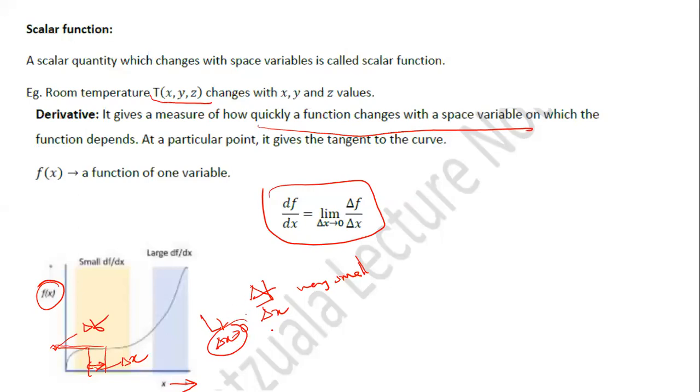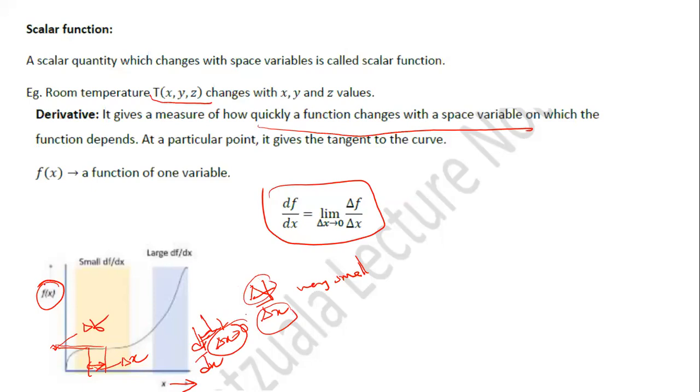Then del f upon del x under such a condition is called your derivative df upon dx at a certain point in space. As you see here, even for a significantly large change in x, the change in f is very, very small. So the derivative is very small.